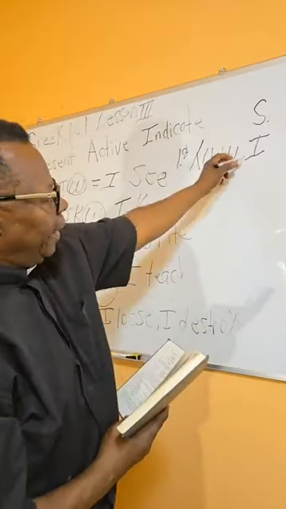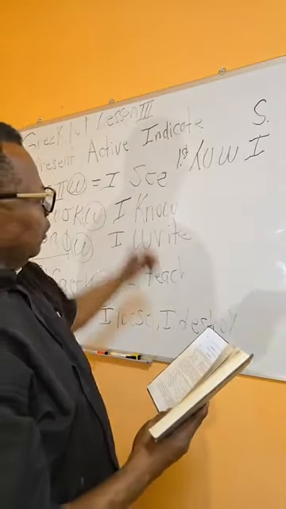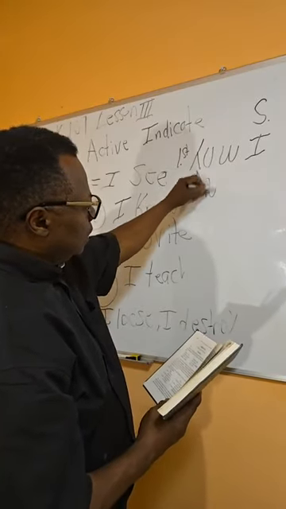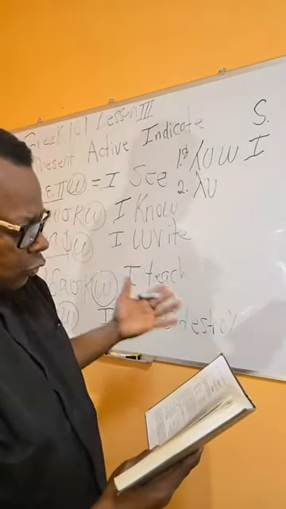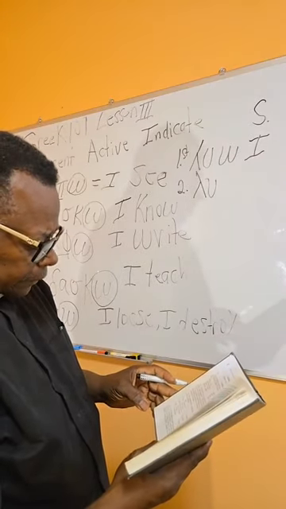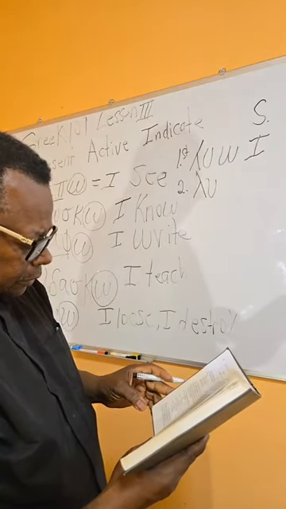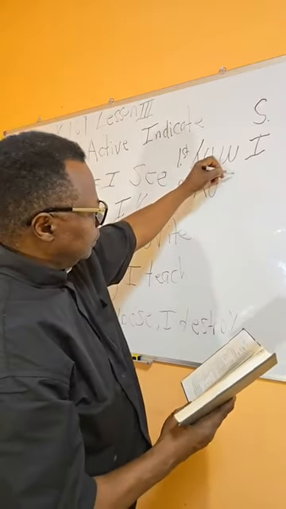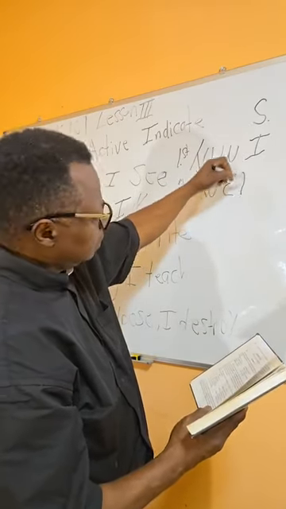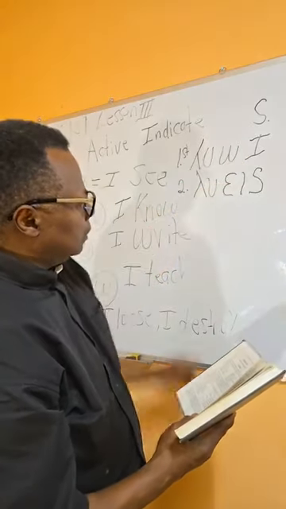Okay? I. Second person singular. How do we say lu in the second person singular? How do you say you loose or thou loosest? We say it this way. It's lueis. Epsilon iota, sigma.